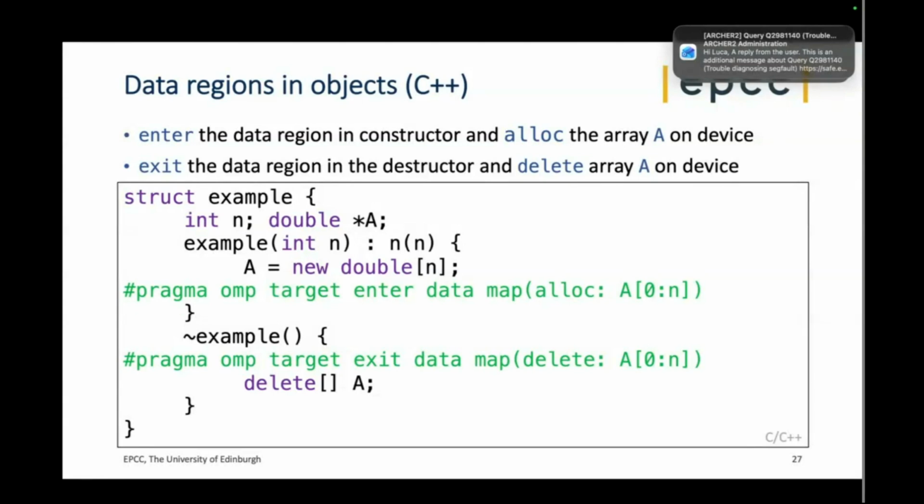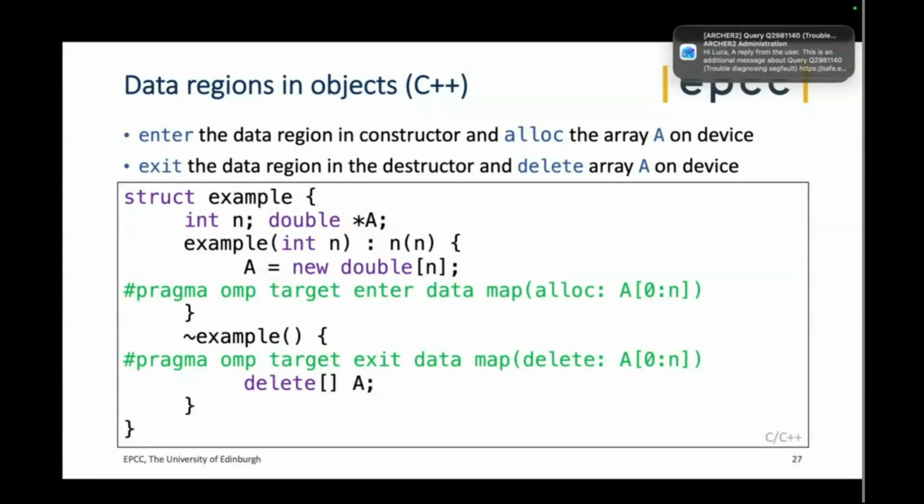And when we destroy this object, we're done. We don't need the array anymore, so we're free to deallocate it. We can use exit to say we want to do some synchronization, to move some data from the GPU possibly to the host. In this case we don't need to, because we don't need A anymore. We just want to deallocate it, so we use delete.